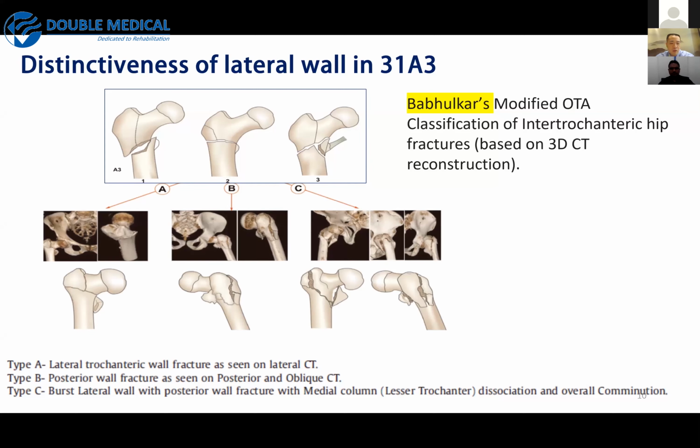Type B is a posterior wall fracture and also some comminution, but the fragment doesn't dissociate and displace very large. Type C is the burst lateral wall fracture with the posterior wall and the medial column. The fracture fragments dissociate and are overall comminuted.